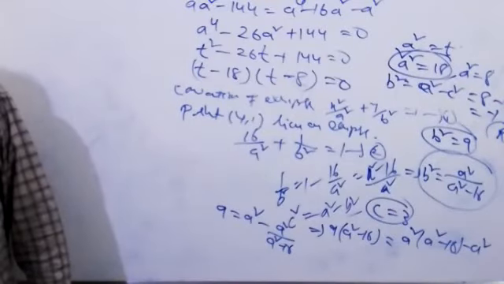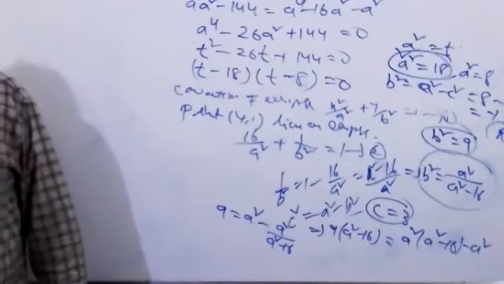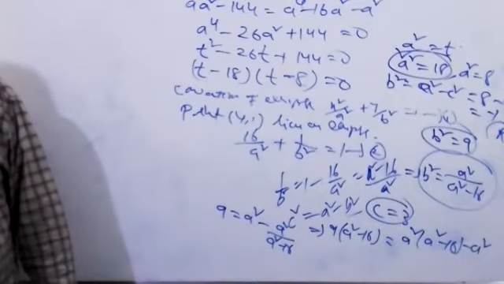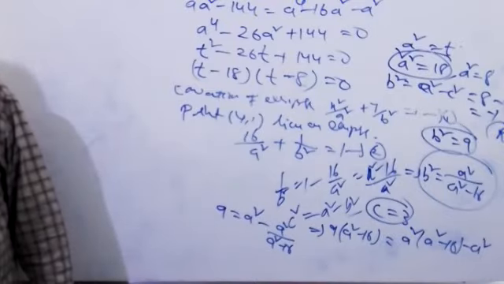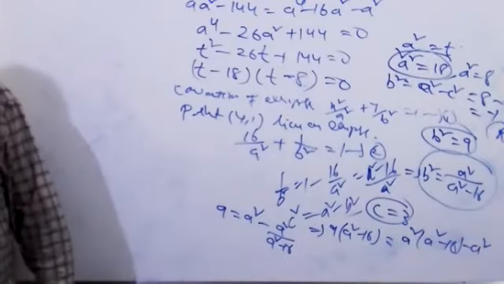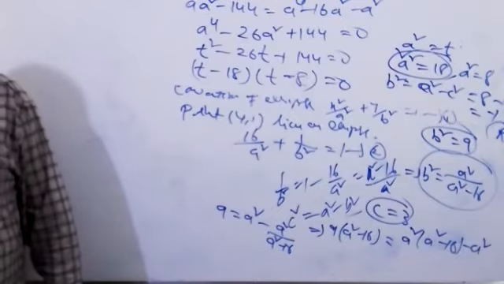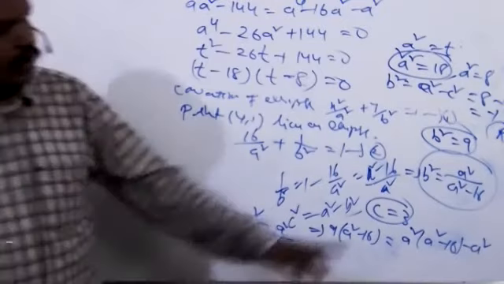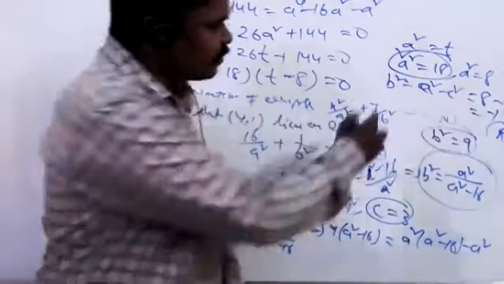X-axis is A is greater than B. But then didn't you do 8 minus 9? So you've taken a square as 8, no? While solving, I am just solving here.